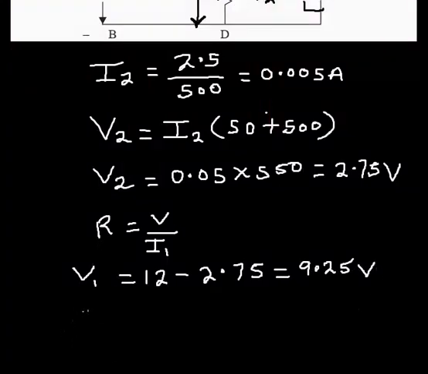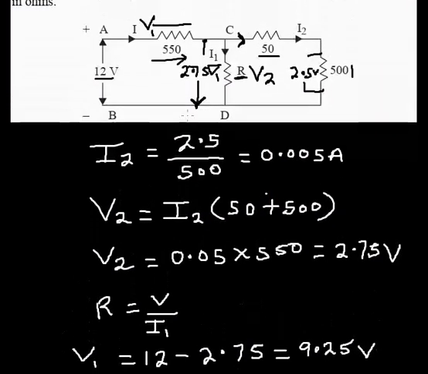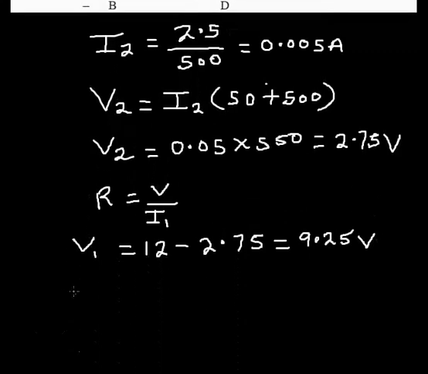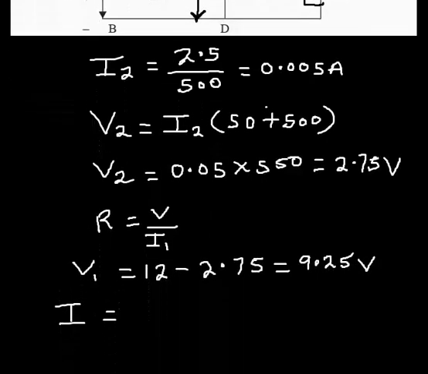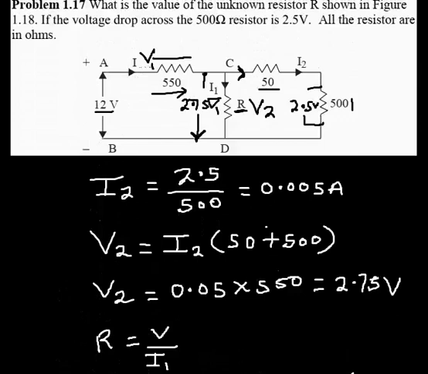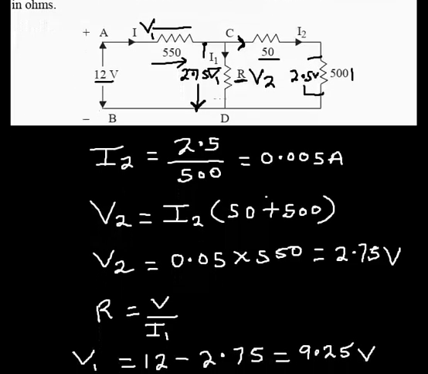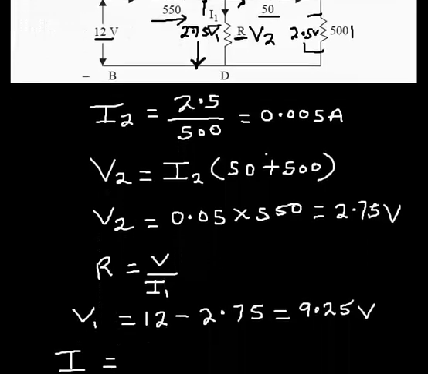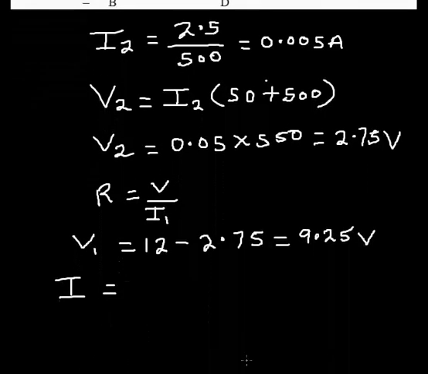Now let's get that current, the total current I passing through the 550 ohms. It's going to be equal to the voltage across the 550 ohm resistor, 9.25, divided by 550.